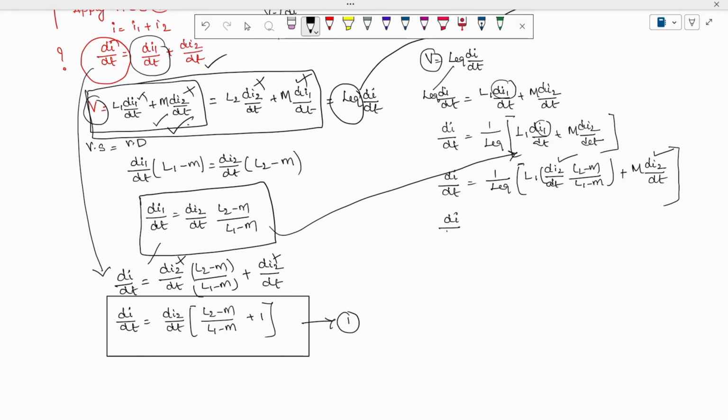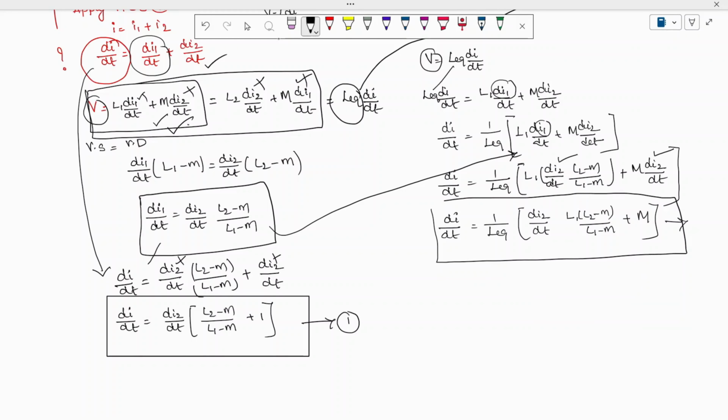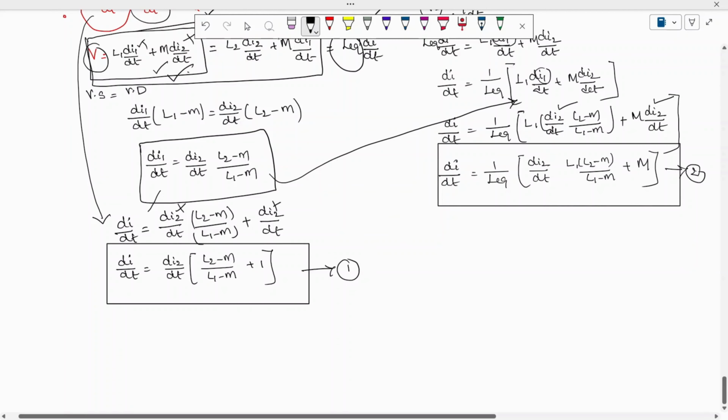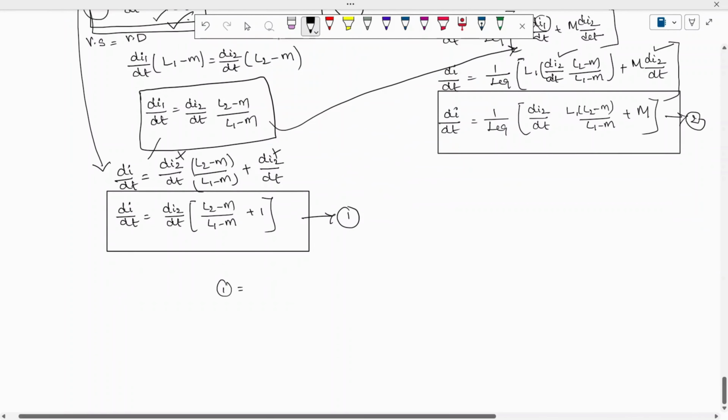So I am writing di by dt is equal to 1 by L equivalent, and I am taking di2 by dt as a common term, which is L1 into L2 minus M divided by L1 minus M plus M. So let us mark this as the equation of di by dt only in terms of I2. Okay, so this is equation number 2, and we equalize the first equation and the second equation.